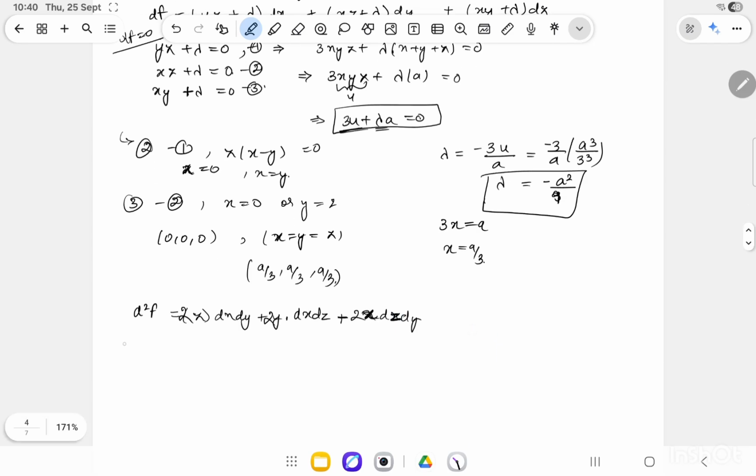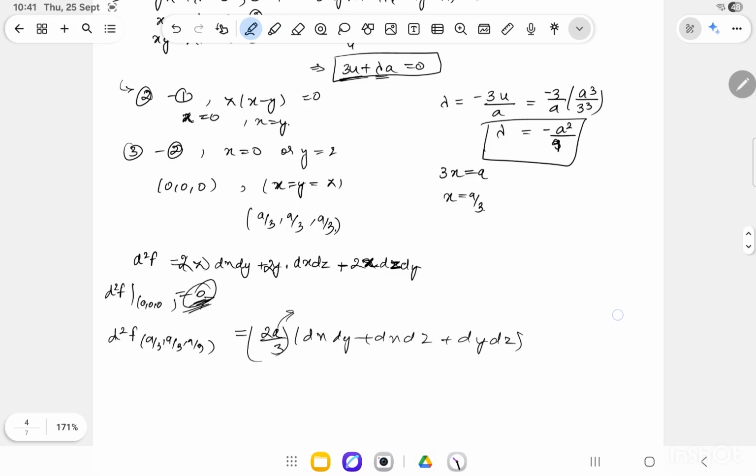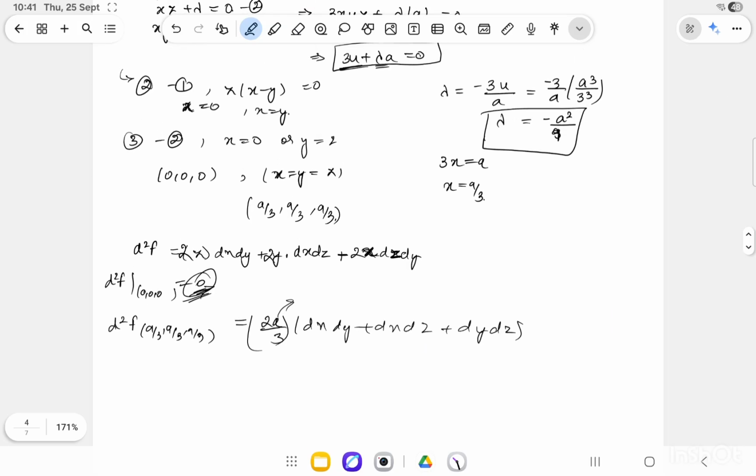Now if you check it at (0, 0, 0), that will give you 0 only, so we cannot comment anything about this point. But if we check it at (a by 3, a by 3, a by 3), it will be 2a by 3 into (dx dy plus dx dz plus dy dz). Based on the value of a, whether it's greater than 0 or less than 0, you can comment whether at this point it will be maximum or minimum.